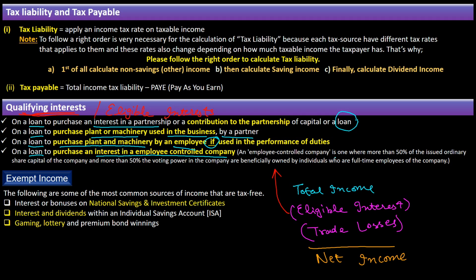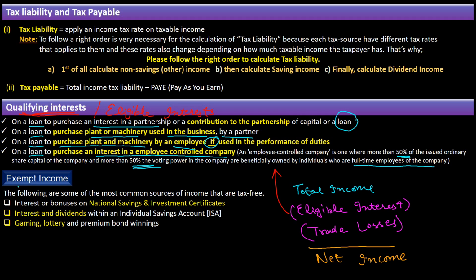An employee-controlled company is one where more than 50% of the issued ordinary share capital and more than 50% of the voting power are beneficially owned by individuals who are full-time employees of the company. That means the full-time employees have 50% voting rights, plus they also own 50% of the issued ordinary share capital.